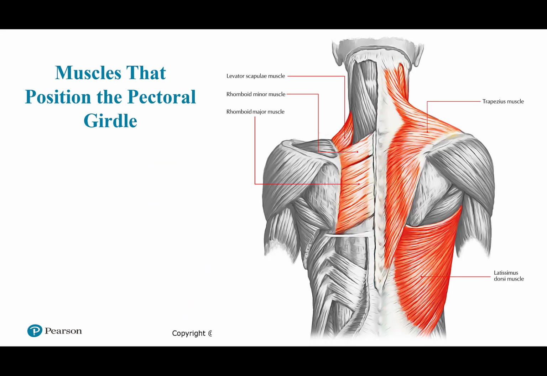Some other muscles that stabilize the pectoral girdle are located on the back. So we have this big trapezius muscle here. It's actually one of the biggest muscles in your body. It goes from the external occipital protuberance of your occipital region, attaches to the spinous process of the scapula here.